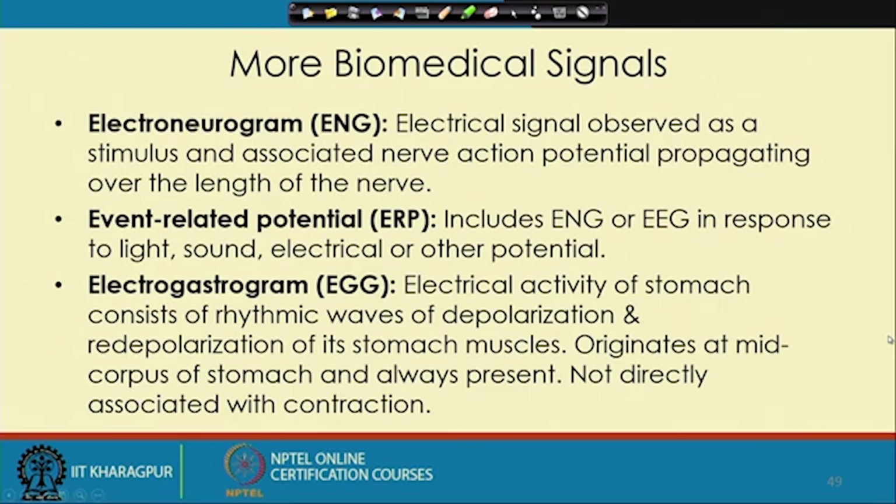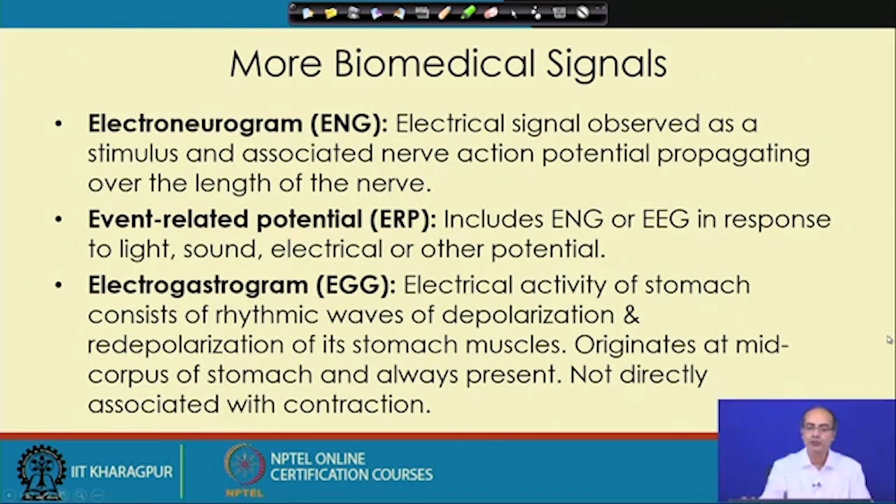Now, we can look at more such signals which can be acquired from the body. First, we look at the electroneurogram. The electrical signal acts as a stimulus to the muscle, and the nerves carry it, passing through the nerve, taking the command or the signal from the sense organ to the central nervous system.